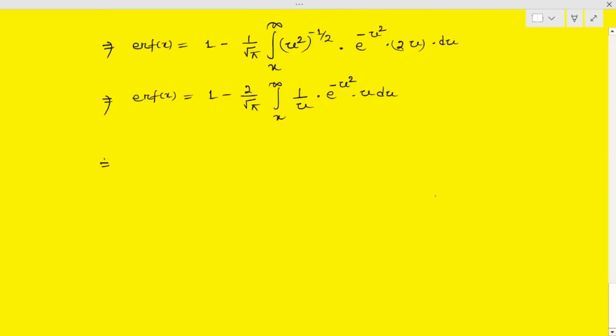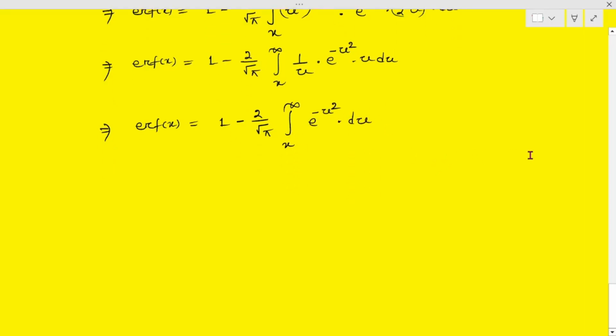That implies we found error function of x equals 1 minus, here this u and this u got cancelled, and we found 2 by root pi, 0 to x, e to the power minus u square du. Already I told you, u and x are dummy symbols.